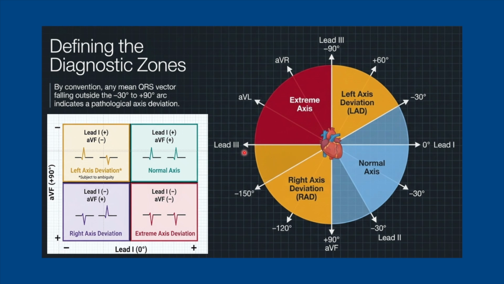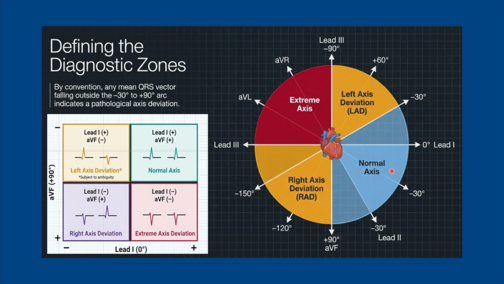How to determine the axis? Look at the QRS complexes in lead 1 and AVF. If both are positive, this is normal axis. If QRS is negative in both leads, it is extreme axis.